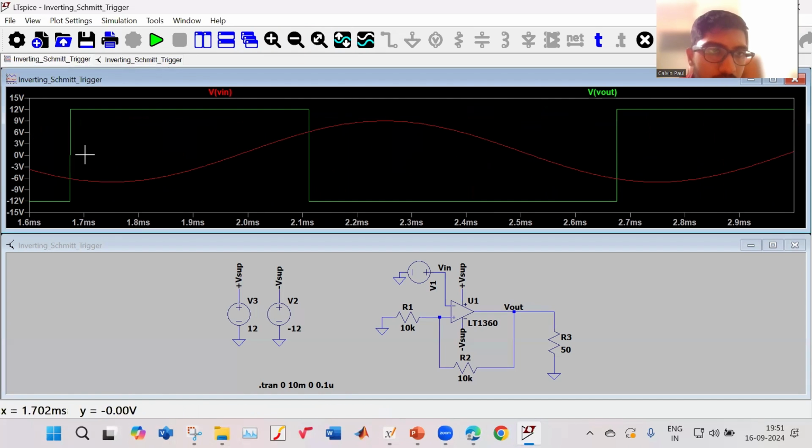When it crosses minus 6 volt, it is changing from minus V supply to plus V supply. And when it crosses 6 volt, it is changing from plus V supply to minus V supply. In this way, you are able to see your inverting Schmitt trigger work.